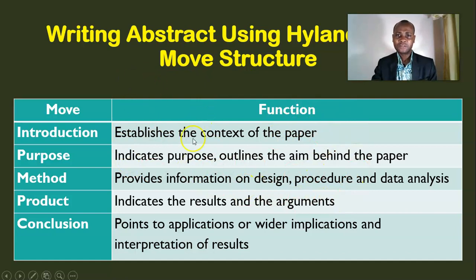The Hyland move structure is a very good mirror that shows you what every component of your abstract should contain, from the introduction all the way to the conclusion. So you can always refer to this if you are confused on what to add in the various parts of the abstract. Let's go back to the Hyland 2000 move structure, and then you can know exactly what you have to include in your abstract.